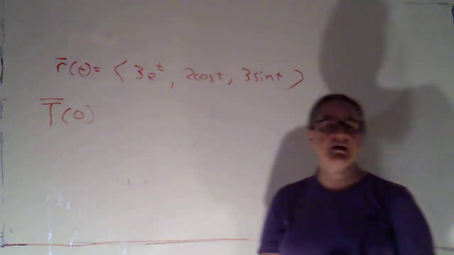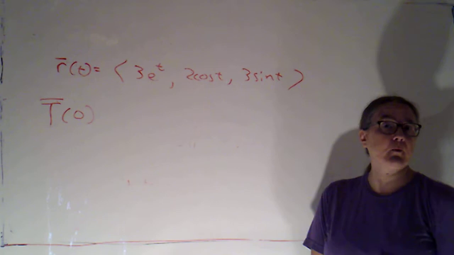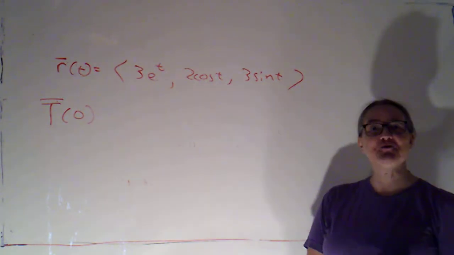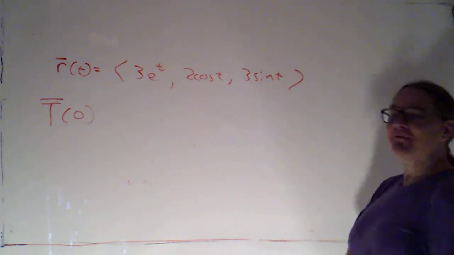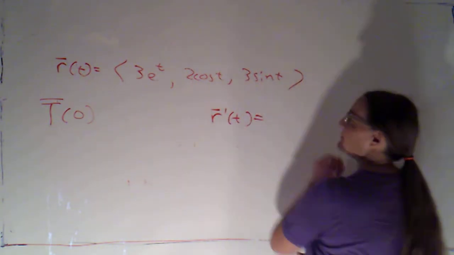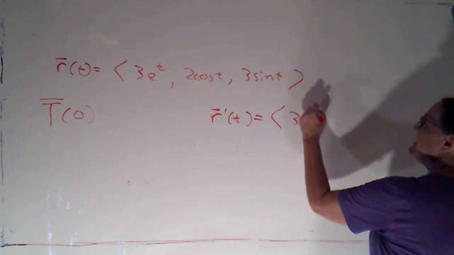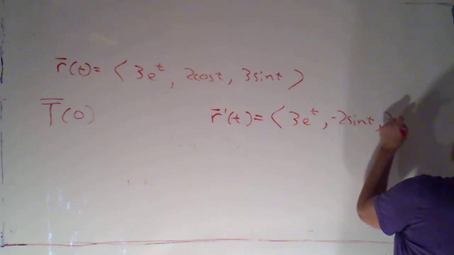That would be the unit tangent vector at 0. I'm going to suggest you pause the video and try and work that out real quick and then tune back in. Welcome back. So if I want to find T of 0, first thing I'm going to do is I'm going to find r prime of t. So that would be 3e to the t, negative 2 sine t, 3 cosine of t.